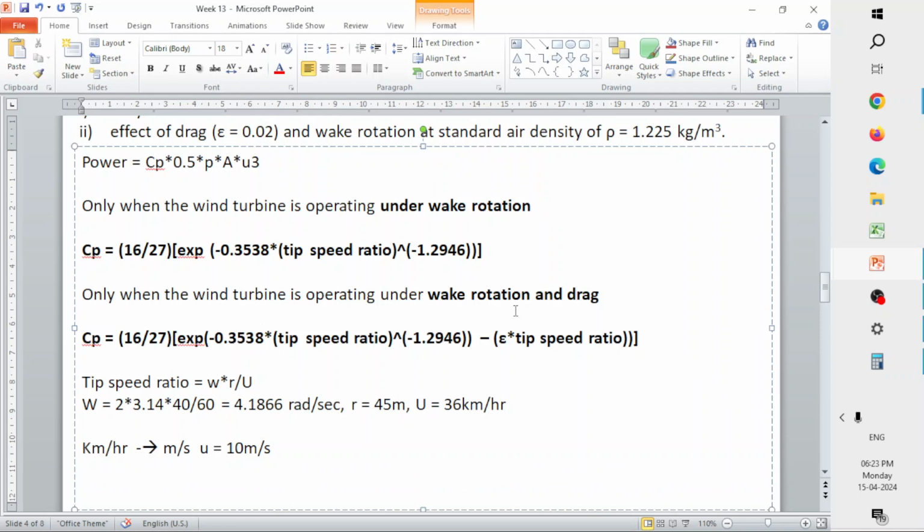And what will be the value of tip speed ratio? That is 4.186 times 45 divided by 10. So what will be the value?